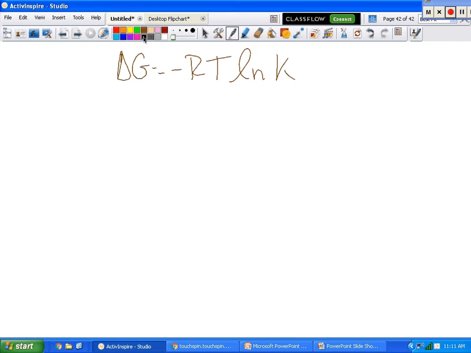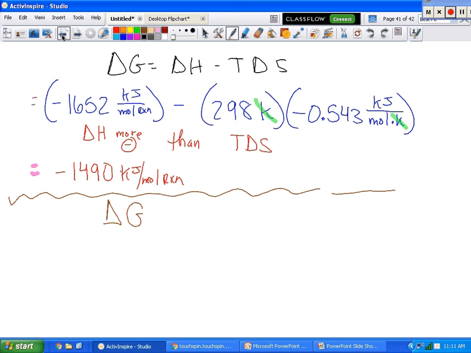Remember, K is equal to the inverse of the natural log of delta G over negative RT. That's just the algebra setup of this thing. I'm going to go ahead and forewarn you. Can you plug in this number right here exactly as it's written into that? Why not? Very good. And what thing is going to mess us up if we leave it in kilojoules?